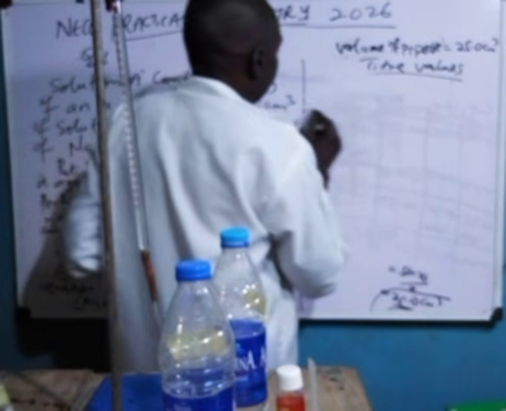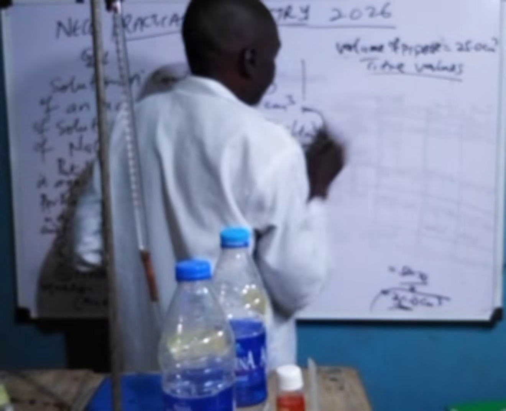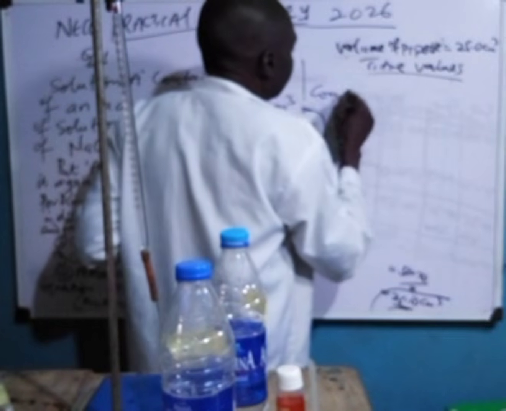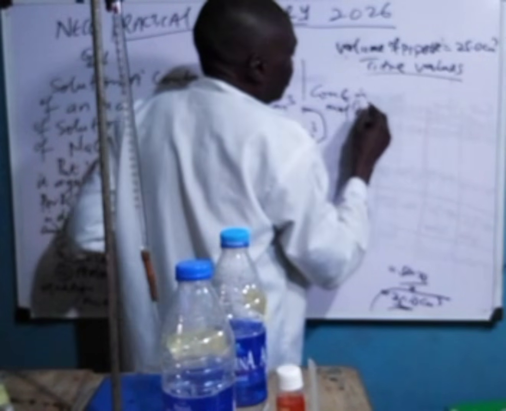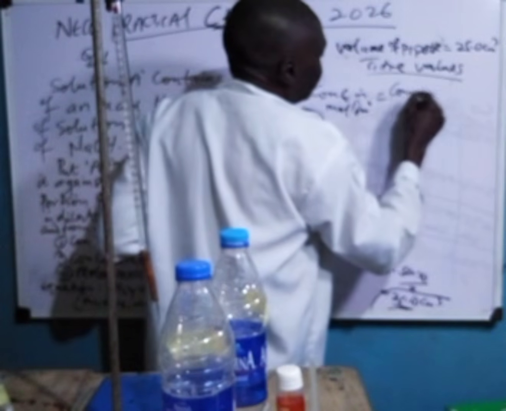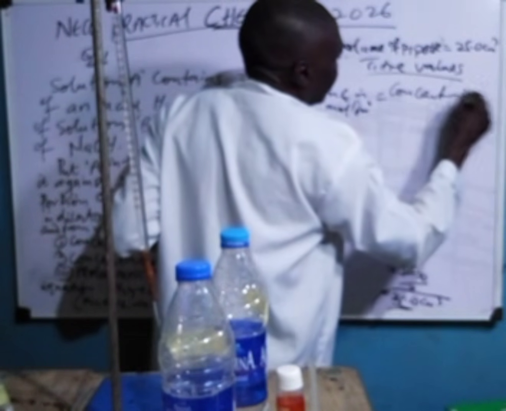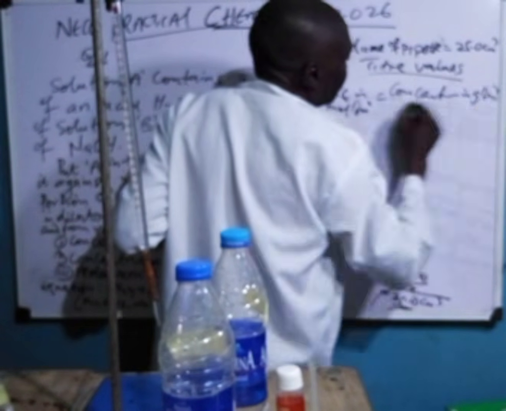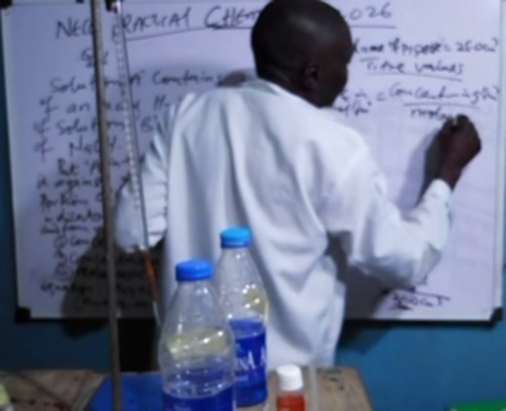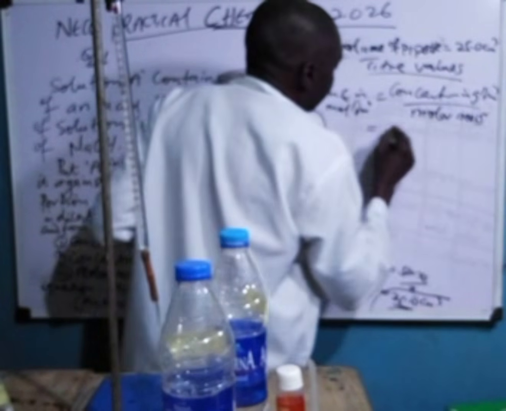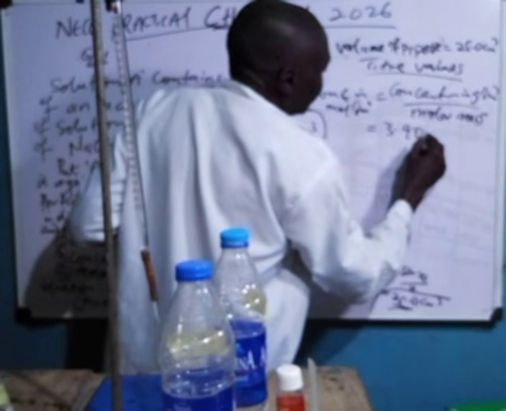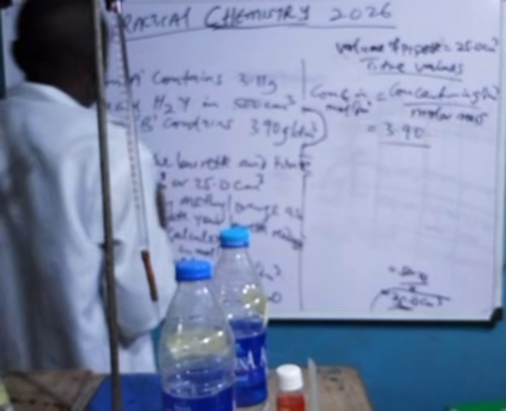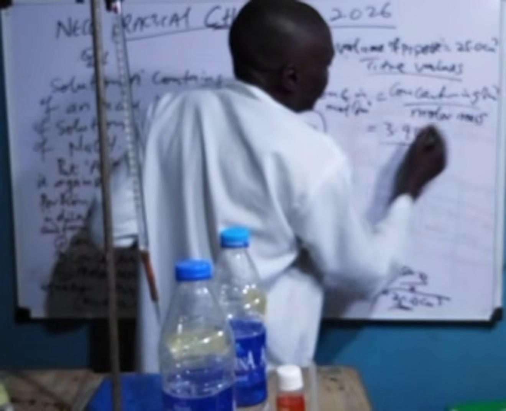So we now say concentration in mole per dm³ equals concentration in gram per dm³ over molar mass. So the gram per dm³ is 3.90, over the molar mass of sodium hydroxide.